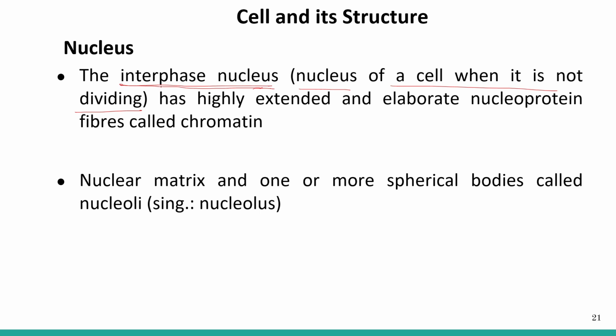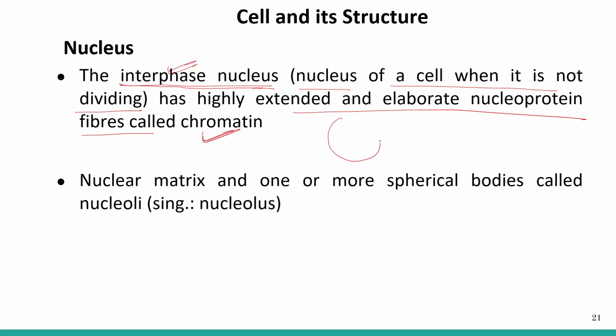When the cell enters the division phase, we have the G1 phase, S, G2 and M phase. But when the cell is not in a dividing phase, it is in interphase, with highly extended and elaborate nucleoprotein fibers called chromatin. So in interphase, the chromatin material is present.